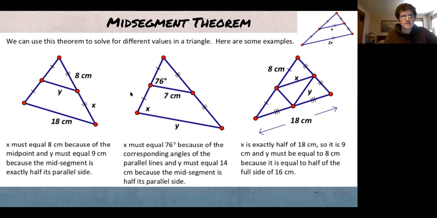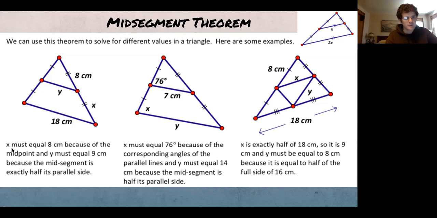So let's look at this. These are actually problems that are already solved for us. We can look through and see we are solving for X and for Y, and they give us a couple of values. We can see that we've got midpoints here and here. So if this is 8, then this congruent segment has to be 8 also.